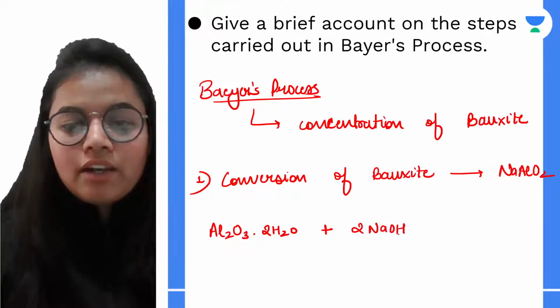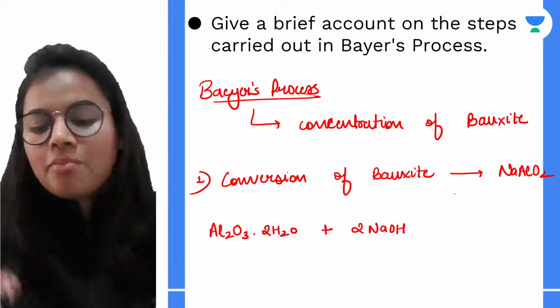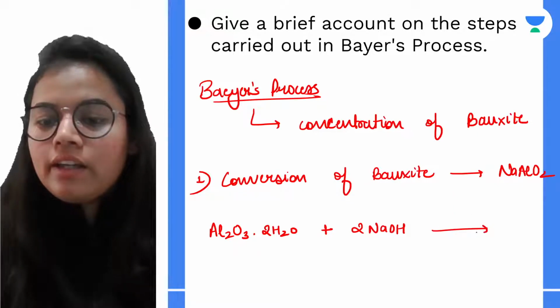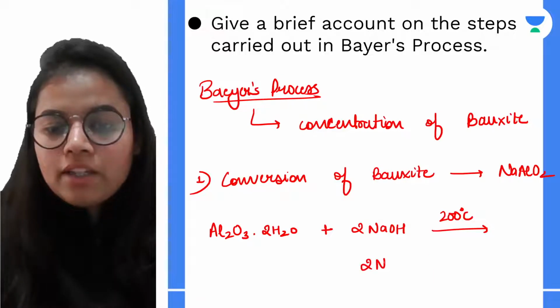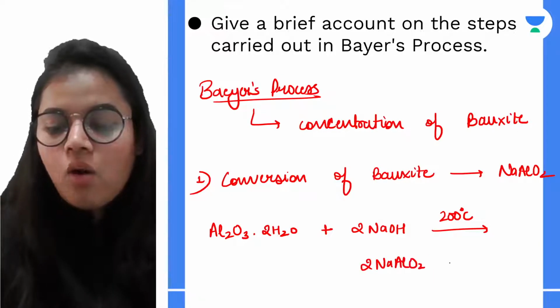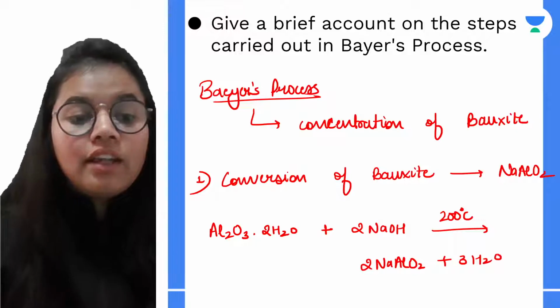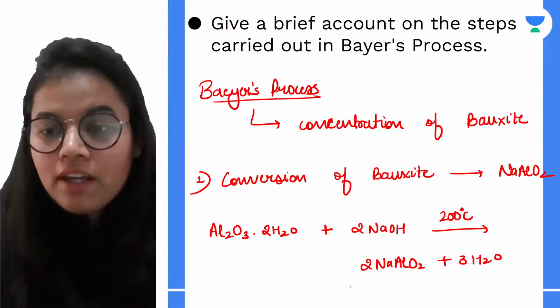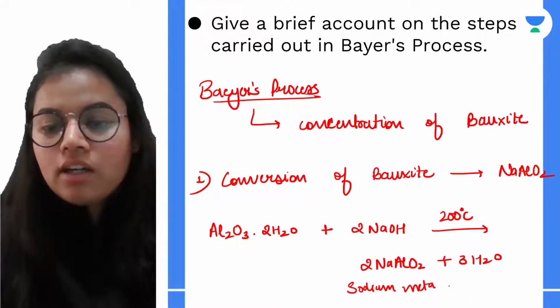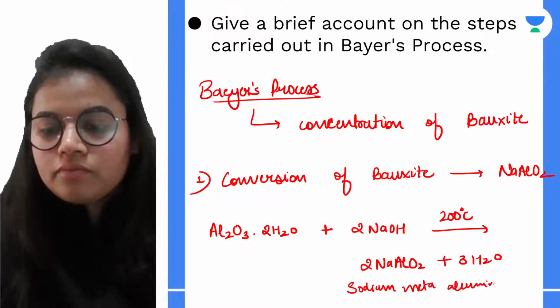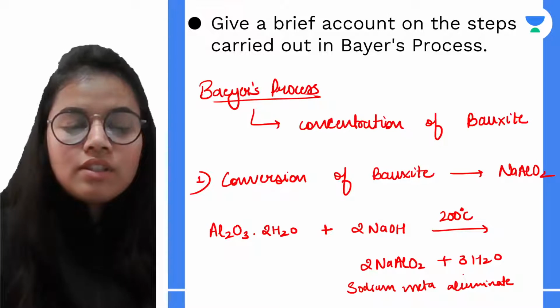The temperature that we provide over here is approximately 200 degrees Celsius. And what do we get? We get sodium meta-aluminate. And as I always say, kindly write the name of the products that we get. So here we have got sodium meta-aluminate. This is our first step.